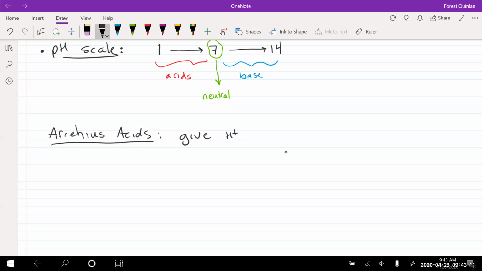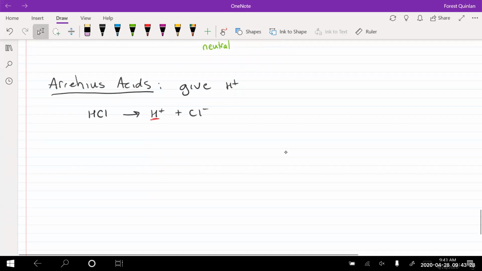Now, if we look at HCl, when it goes into solution, it should break up and give us H pluses and Cl minuses. This is what is making the acidic nature of it. But we have a few other acids we could look at, and that is H2SO4 or even H3PO4. And hopefully you can see this cool thing right here.